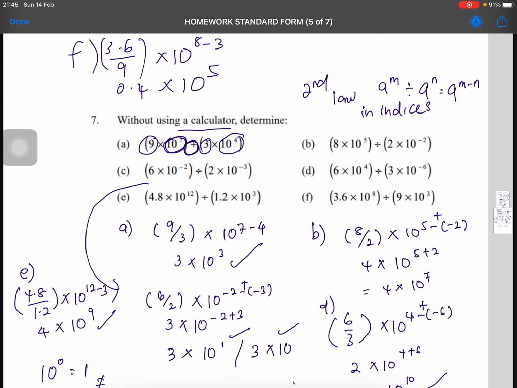Is it in standard form? Not. So we have to move the decimal to the right, 1. So the answer is 4 times 10 to the power of 5 minus 1. The answer is 4 times 10 to the power of 4.